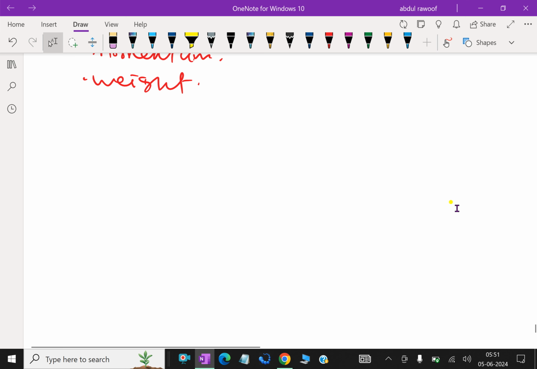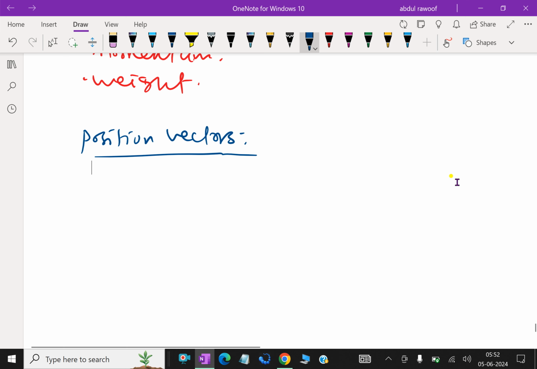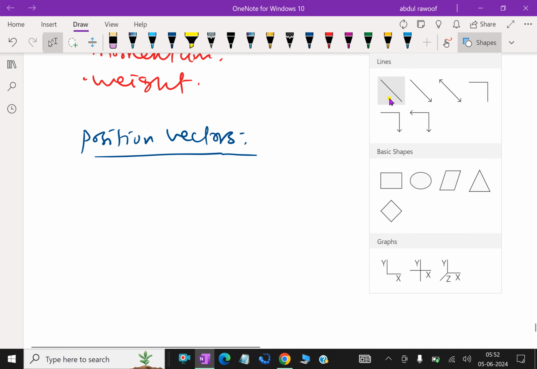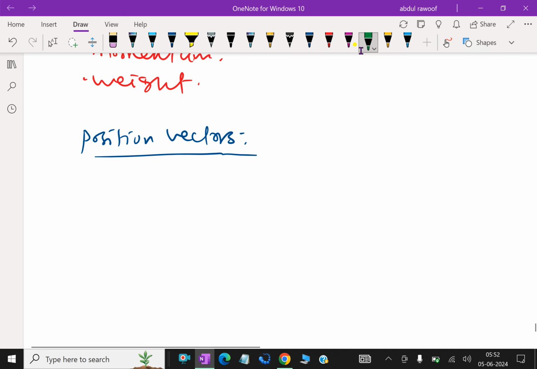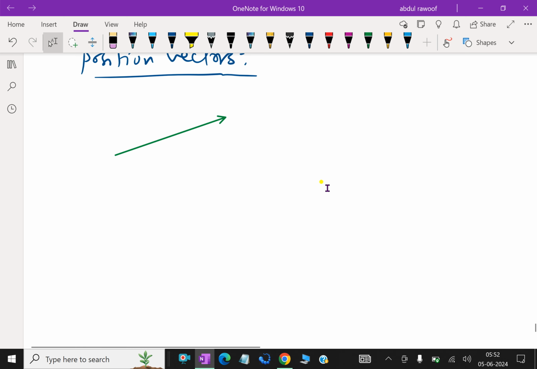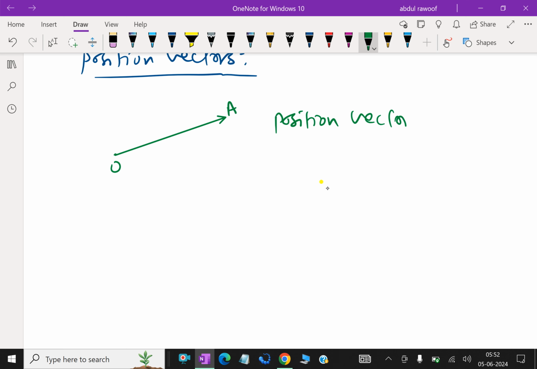Next one, position vector. Here, consider a vector that has starting point O and end point A. Then the position vector of this quantity is OA with an arrow mark.